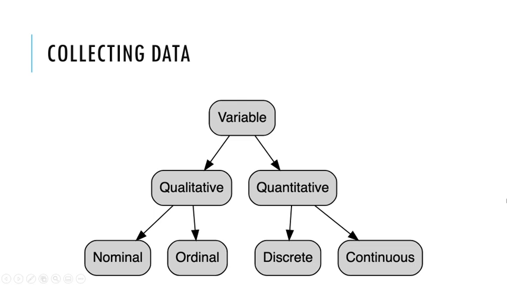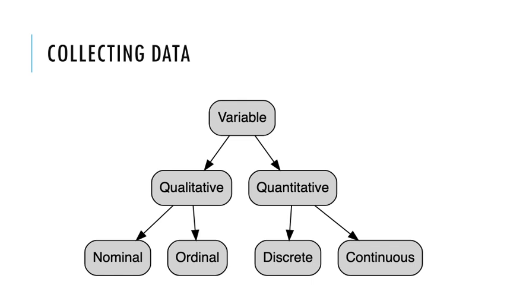All right, so back to our diagram, because I know this was a lot. Let's look at it one more time. Variables can be divided into qualitative and quantitative variables. So remember, qualitative are those things that are used to describe and categorize people. Quantitative is numerical. Now, quantitative data on the right is either discrete or continuous, right? I've got numbers, and those numbers are either countable or they fall in a continuous spectrum.